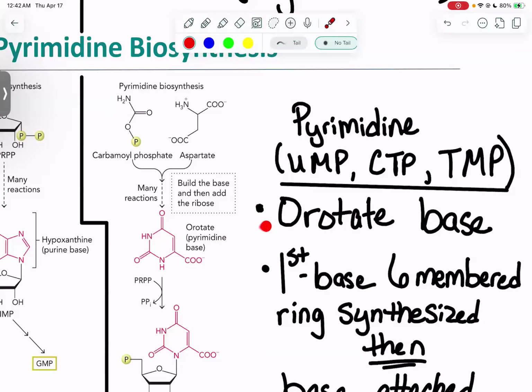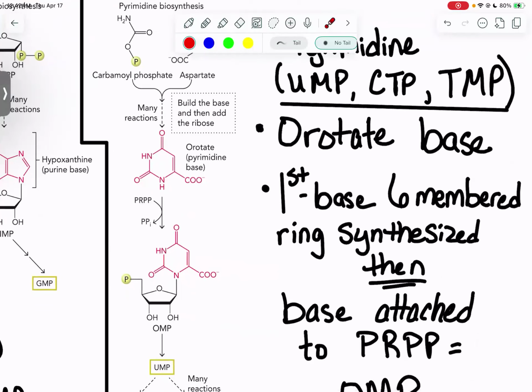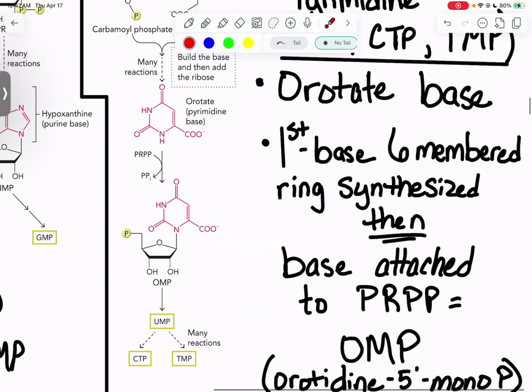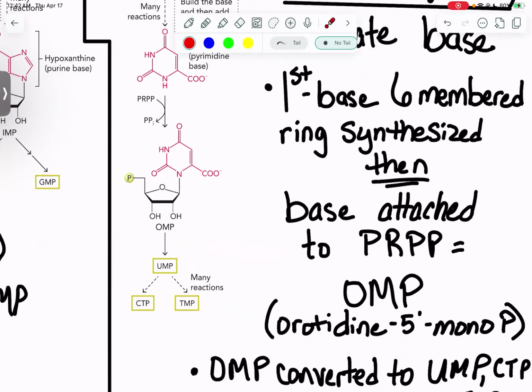That common base that we are building is called orotate. So orotate is built first. It's a 6-membered ring. Then we attach this built orotate to our PRPP molecule. Once we attach the orotate base, what we're going to make is orotidine 5 monophosphate. I ran out of room.